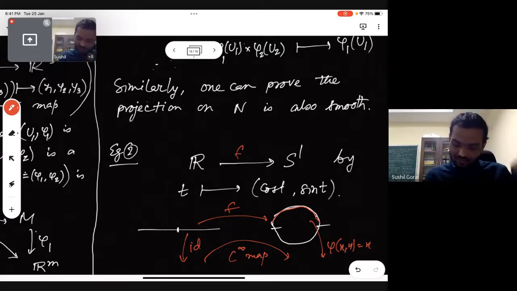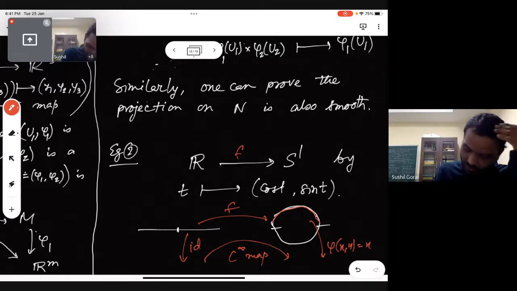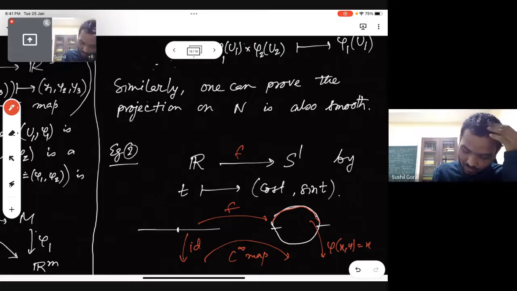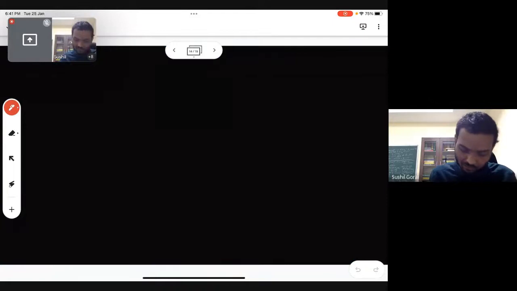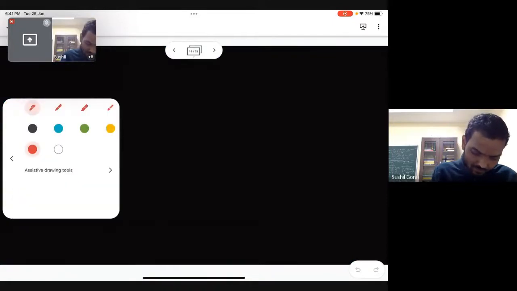All right. Now let's look at the analog, of course, R goes to R2, this part. Maybe let me write that as an example also.